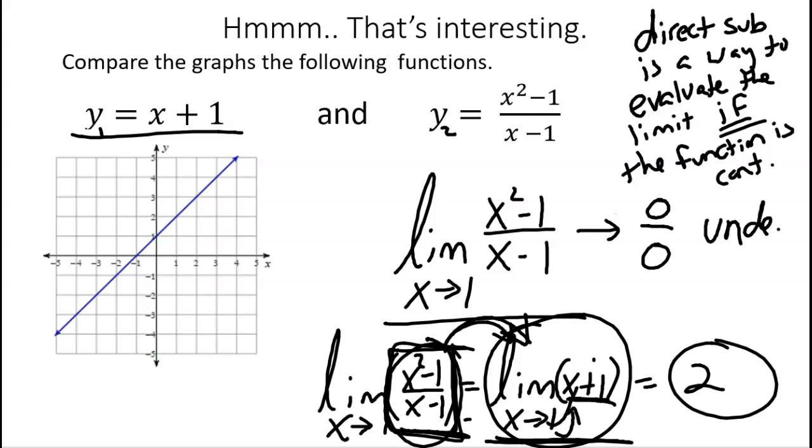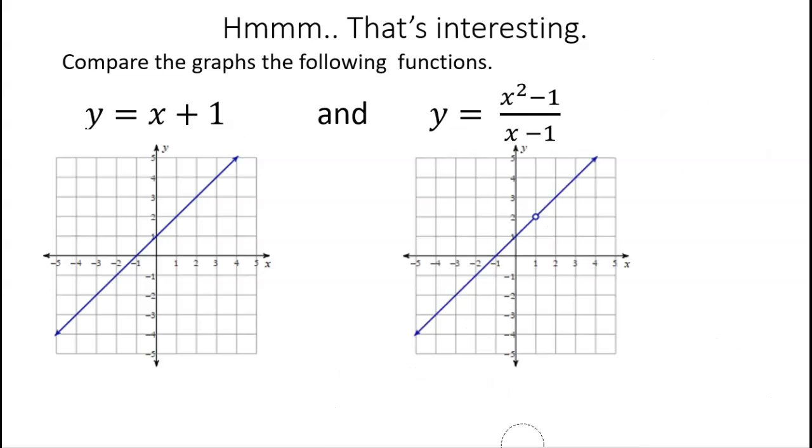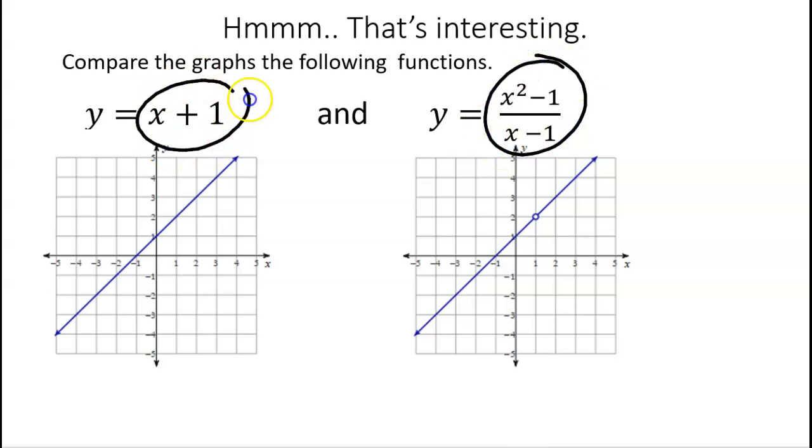Okay? So the question now becomes, how do we remove the discontinuity? How do I change this equation into this equation? Because we're not going to have the convenience of being able to look at a graph. So how do we remove the discontinuity?